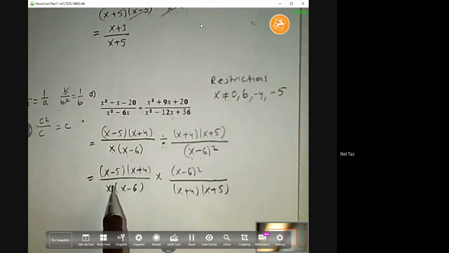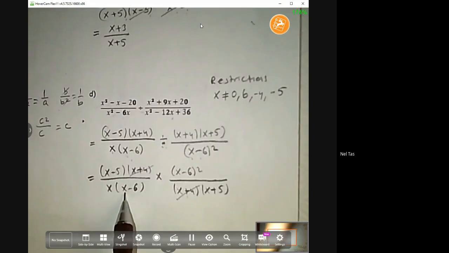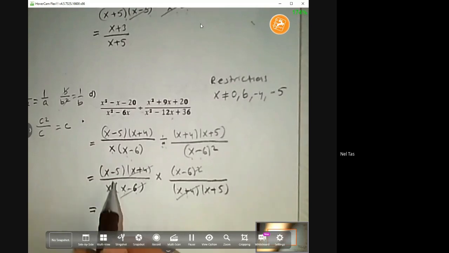Now start simplifying. x minus 5, x plus 5, so we can't simplify that. x plus 4 is gone. And we have x minus 6 squared over x minus 6. If you divide both of them by x minus 6, you get rid of this one, and that square is gone. So we have x minus 5, x minus 6 over x and x plus 5.